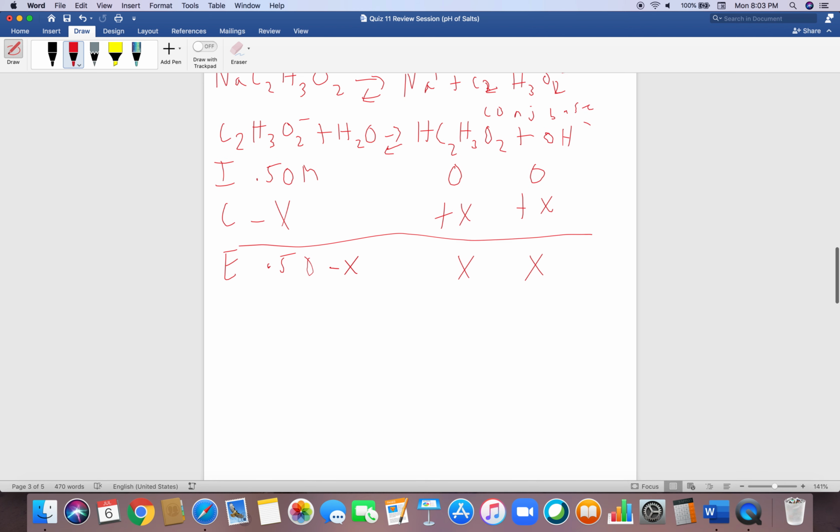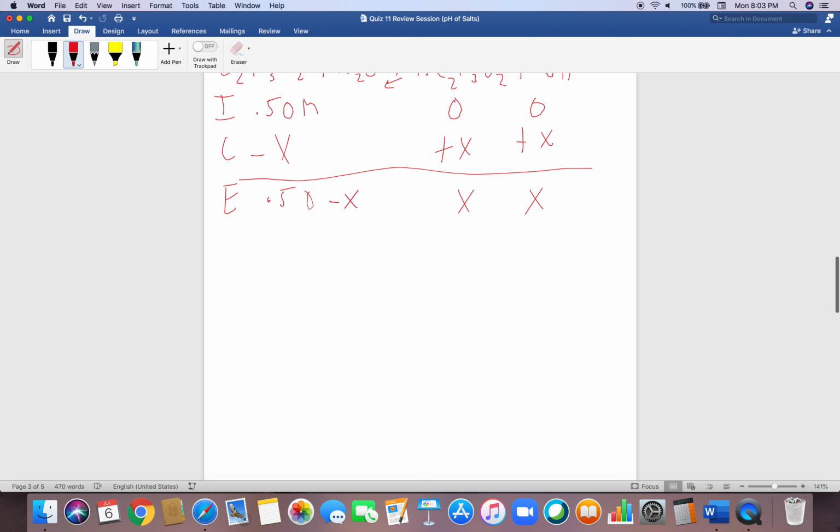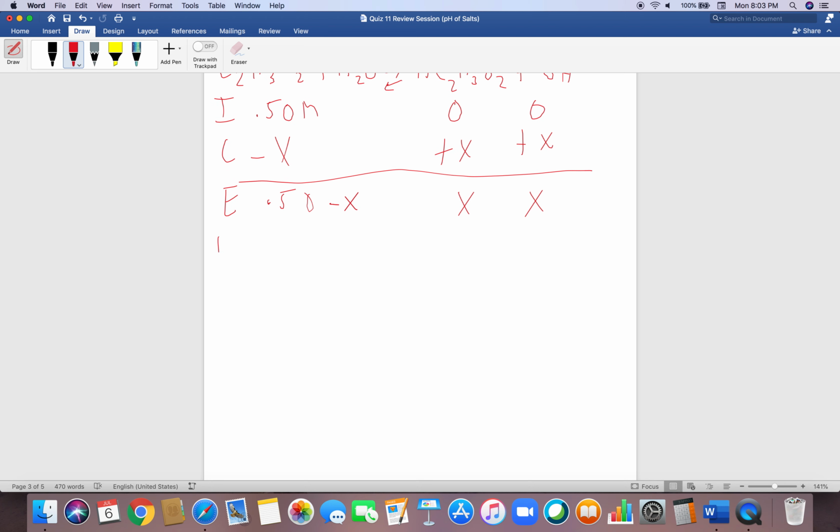So since this is a weak base here, I need to make my Kb expression.